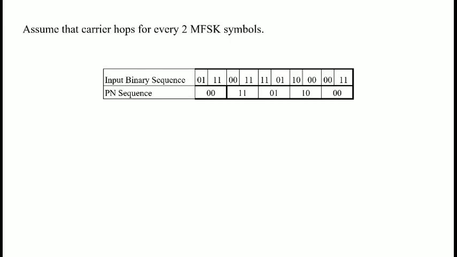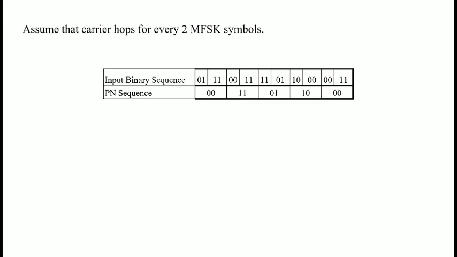Assume that the carrier hops for every 2 MFSK symbols. Here the input binary sequence and PN sequence are written in the table. For 2 MFSK symbols, there is only one carrier hopping frequency. For 2 MFSK symbols 0 1 and 1 1, only one carrier hopping frequency is given, that is 0 0.